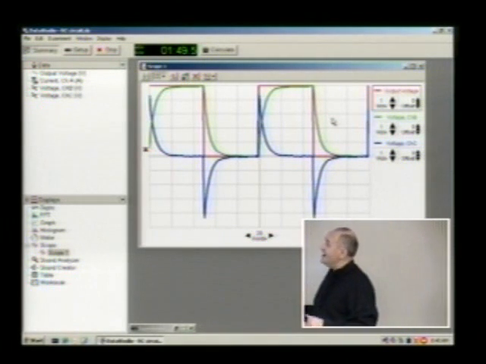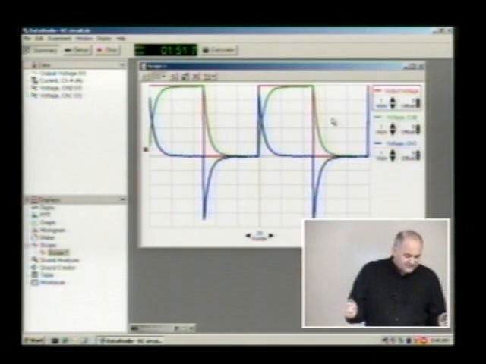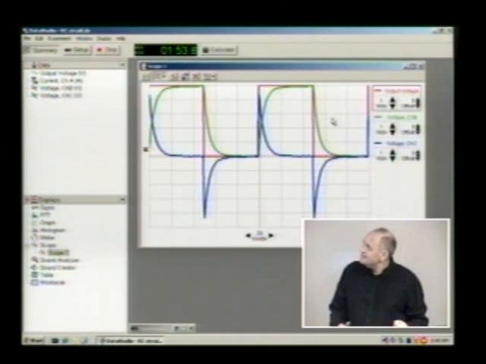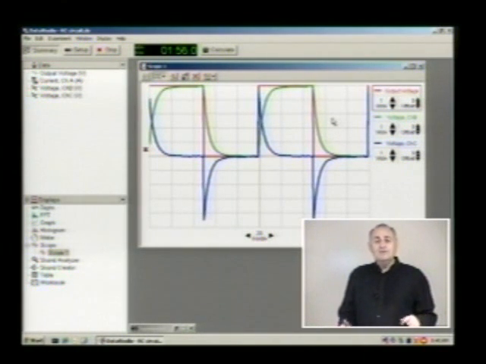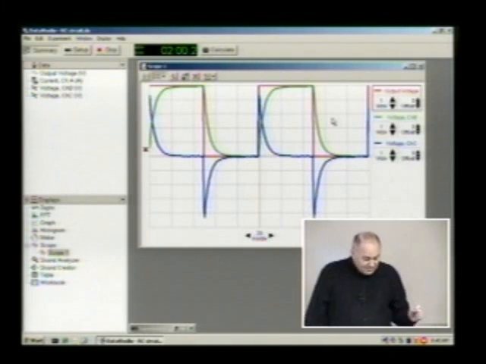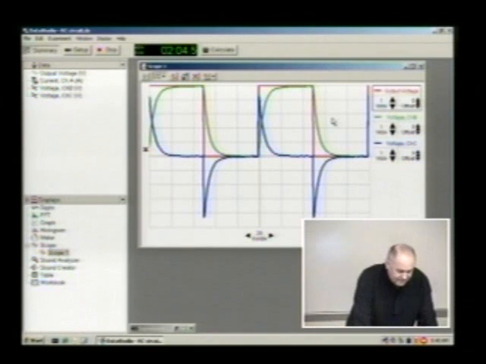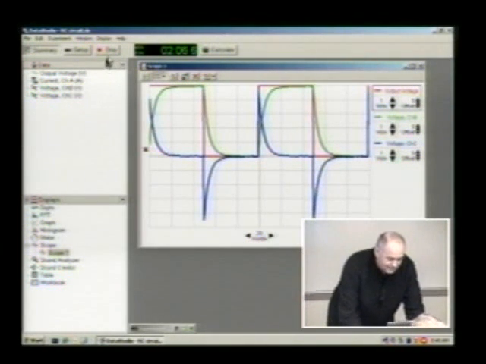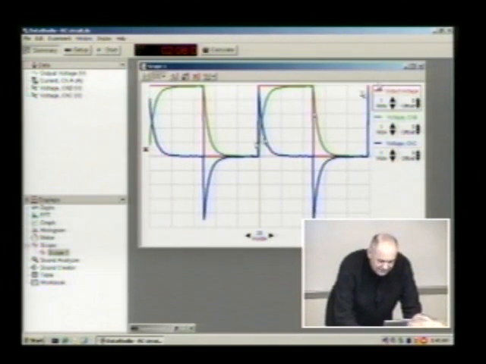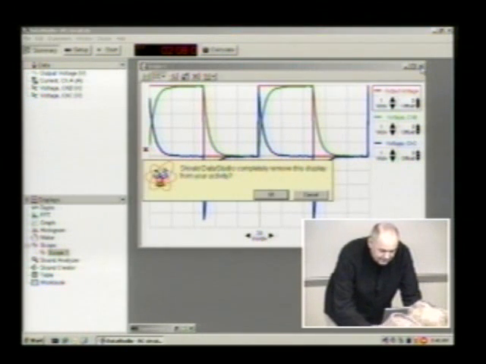But now, since I have this setup, I also wanted to show you how various elements behave. So how about if I close this one? And now I will disassemble the circuit.